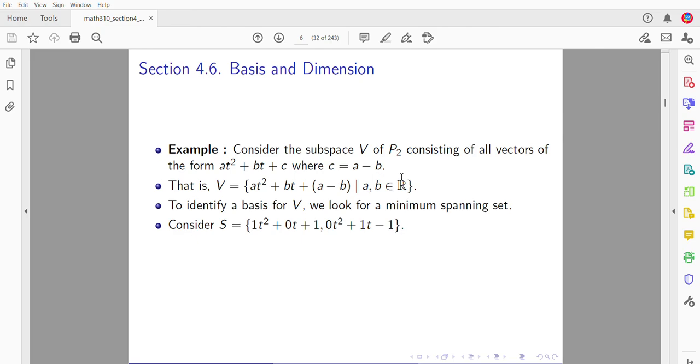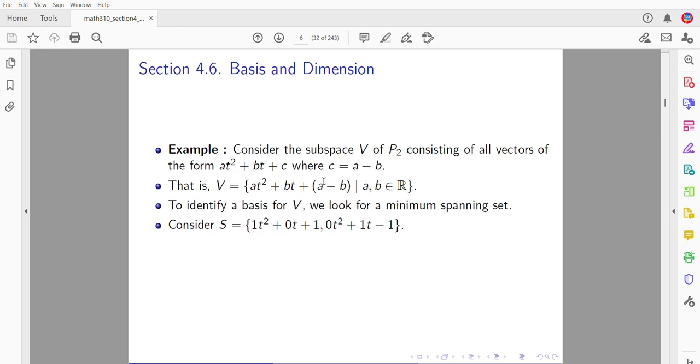So I'm letting a equals 1 and b equals 0. Then I get 1t squared, 0t, plus 1 minus 0 is 1. That's one polynomial. In the next case, I set a equals 0, b equals 1. So 0t squared, 1t, 0 minus 1.